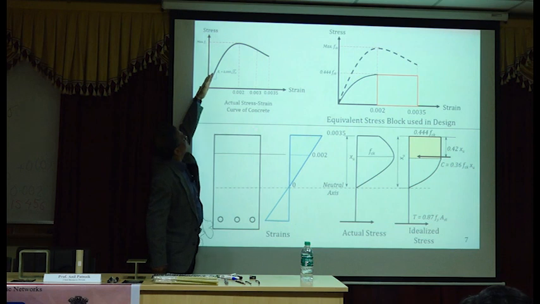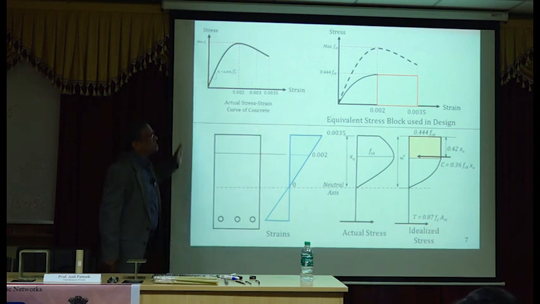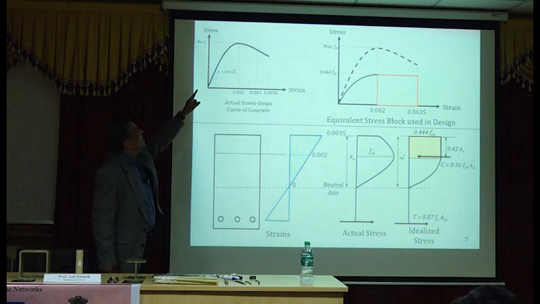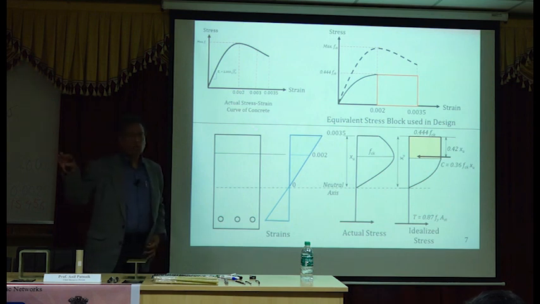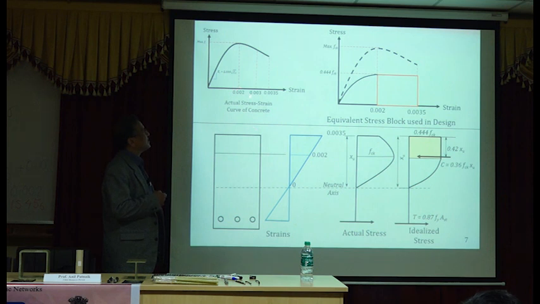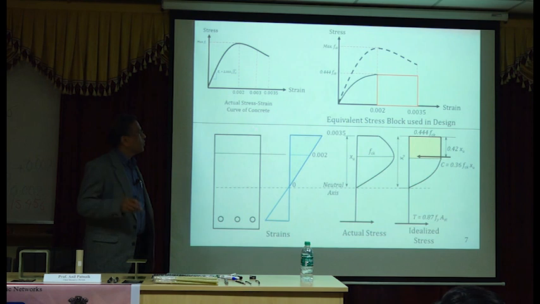We have the slope here, the initial slope, that's our modulus, and then we have a peak, and we assume in all the codes and standards that the peak stress is achieved at 0.002. That's irrespective of what code you use.